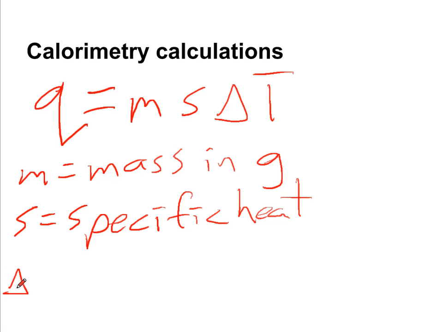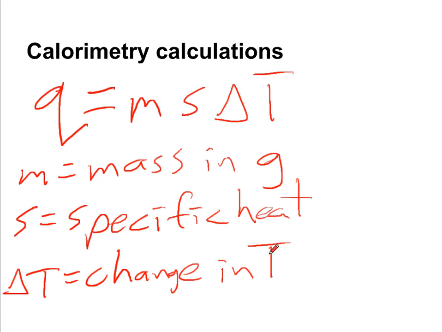And delta T is the change in temperature. When you plug those values into this equation, you'll solve for q, which is going to be a value given in joules because we had joules as part of our specific heat term.